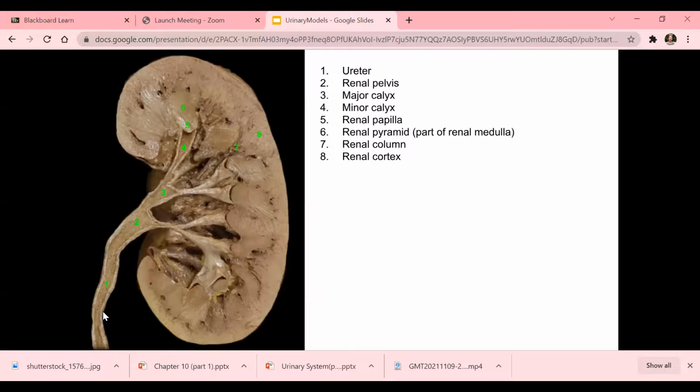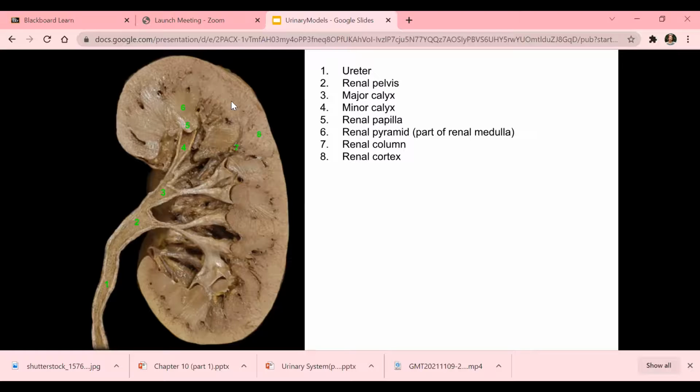In the frontal section of the kidney, you can see the ureter, the renal pelvis, major calyx, and minor calyx. This is the renal papilla. You can see the renal pyramids, and between the pyramids, you have the renal column.